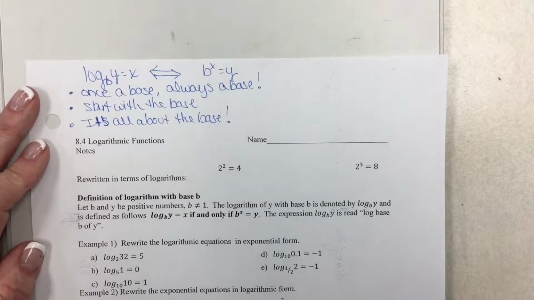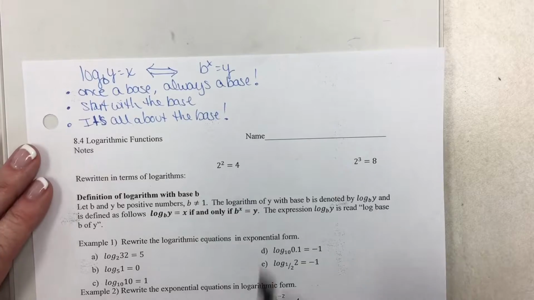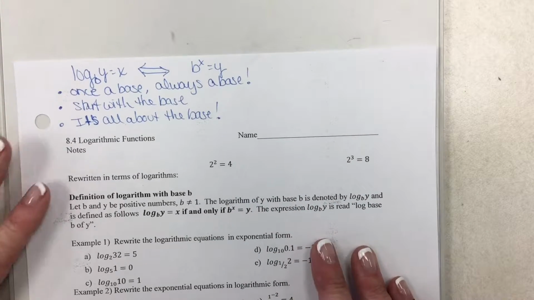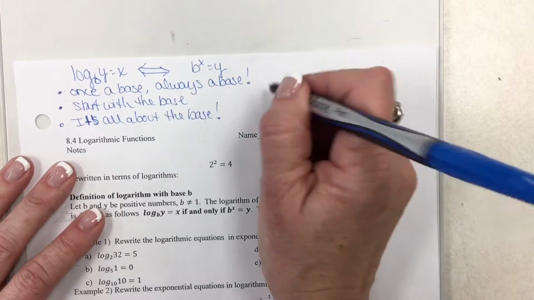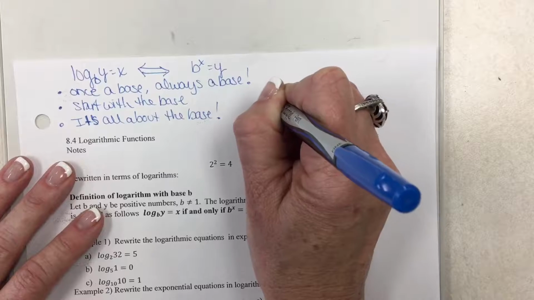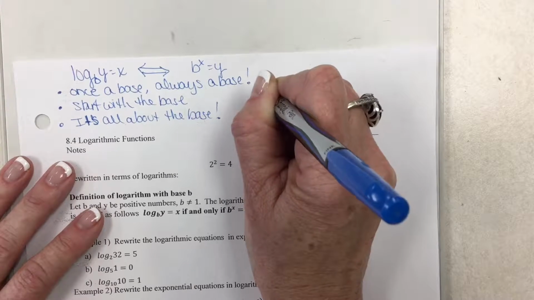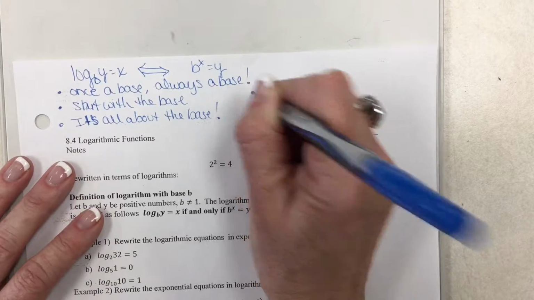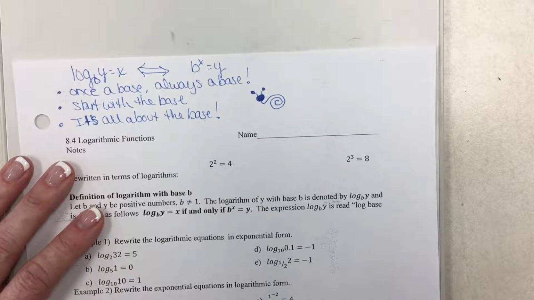So knowing that, let's go into our rewriting. Now, to rewrite, we need to practice our drawing skills, and I'm really not kidding. So here we go. Tell me if you know what this little creature is. It's a snail. Absolutely. It's a snail. And that's why we have snails up here.